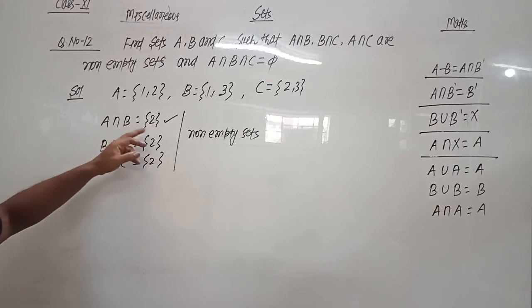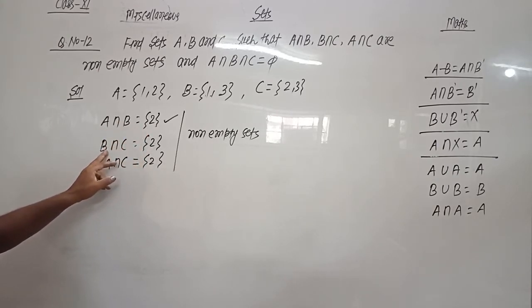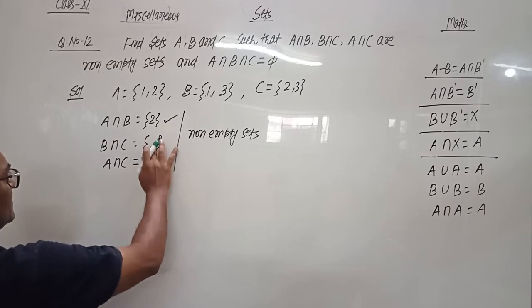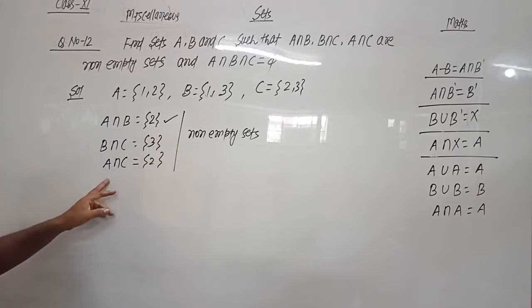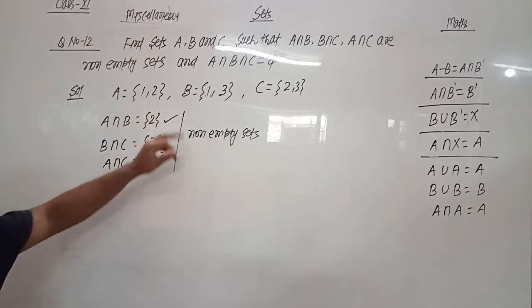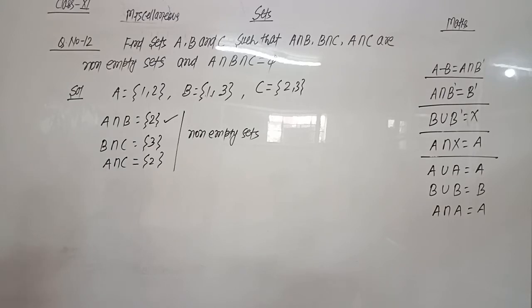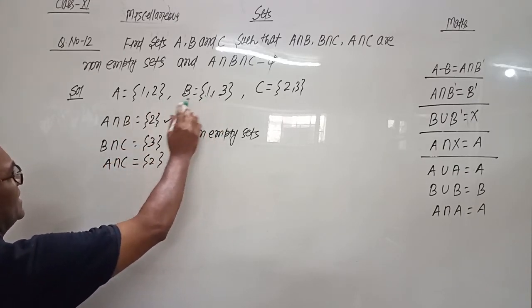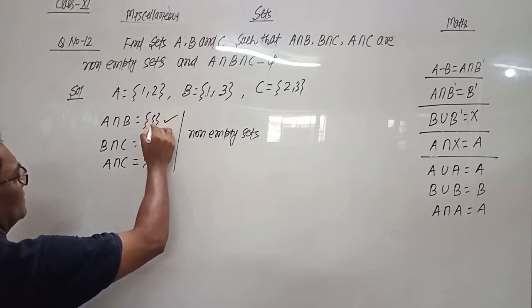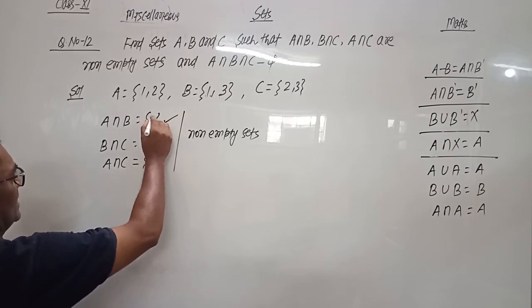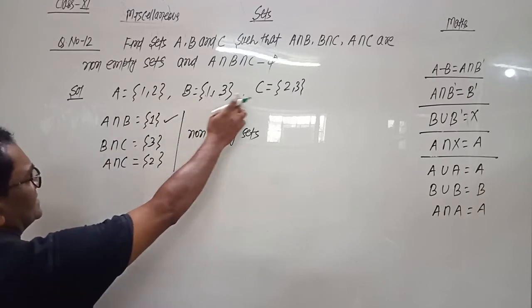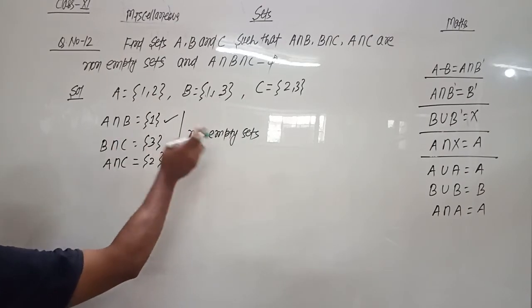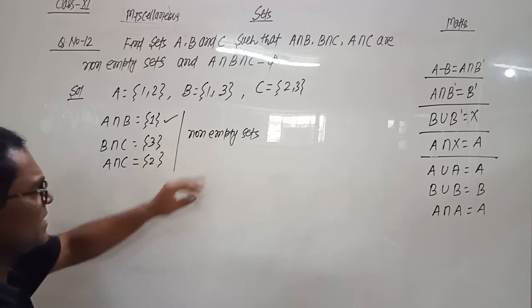So A intersection B is 1, B intersection C is 3 and A intersection C is 2. From A and B, 1 is common. Then B intersection C is 3 and A intersection C is 2. So they are non-empty sets.